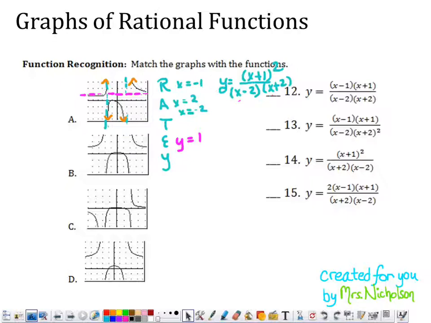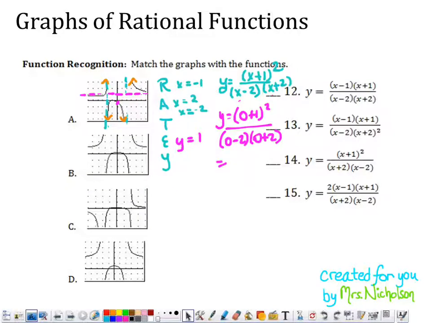And then finally, our y-intercept. It's right here on the y-axis, somewhere between 0 and 1. We can't tell exactly where it is, but it's a fraction, and it should be negative. And so let's check this out. If I replace all of my x's with zeros, then y is equal to 0 plus 1 squared over 0 minus 2 times 0 plus 2.